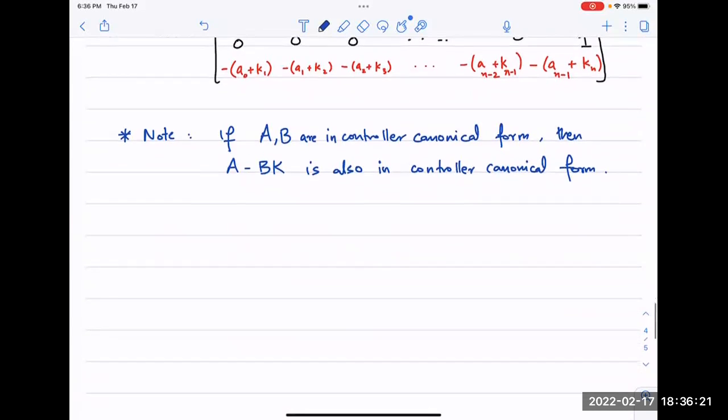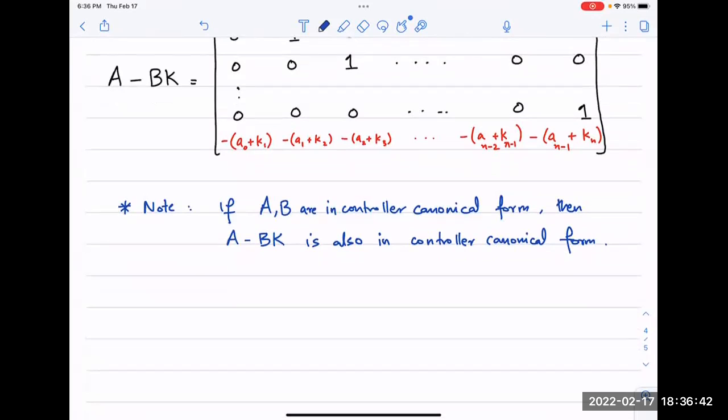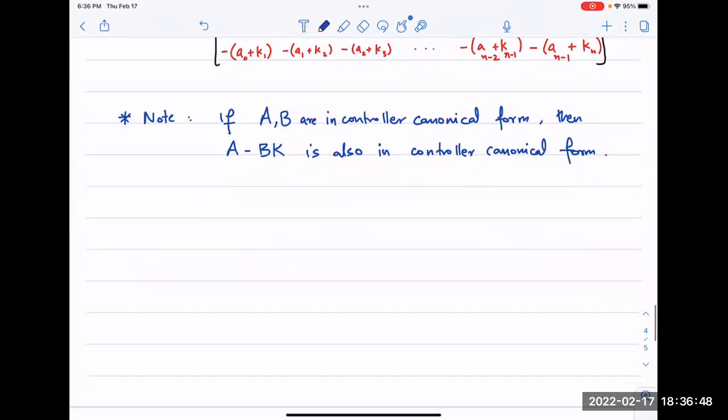Now, if you look at the structure of this feedback, the matrix after feedback design, you will observe that the last row of the matrix consists of entries which are coming from the coefficients of the characteristic polynomial. So let's write that down as a new note: the characteristic polynomial of the matrix has two properties.